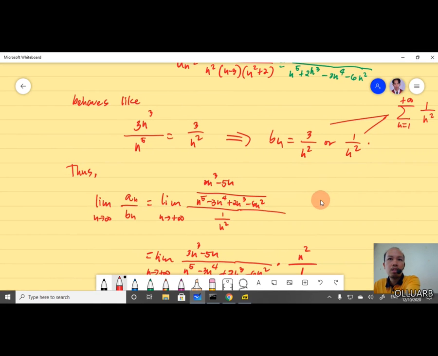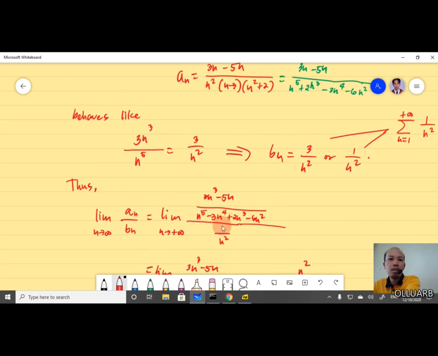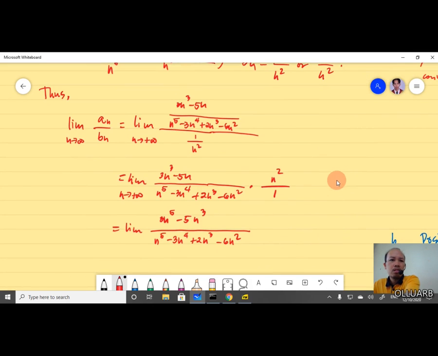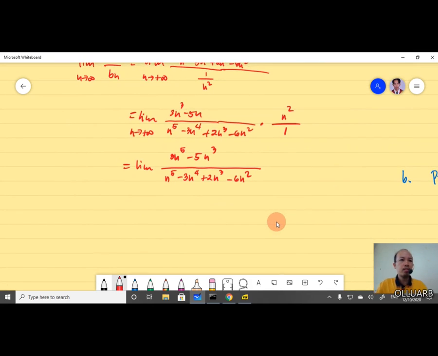Are we correct? Okay, we are correct. We have 2n cubed minus, plus, minus, plus, minus. As n approaches positive infinity, we have to multiply both sides by this.